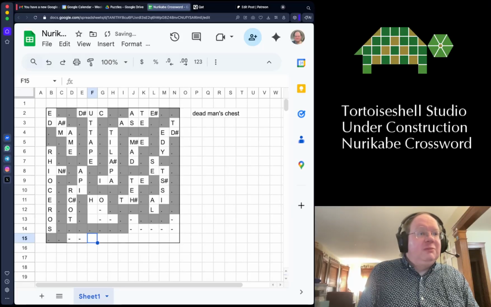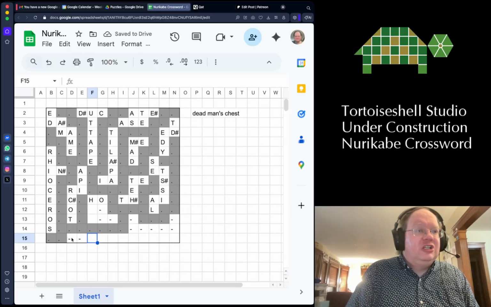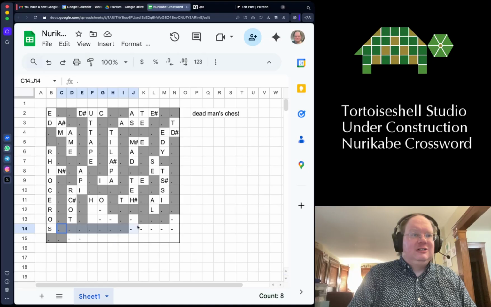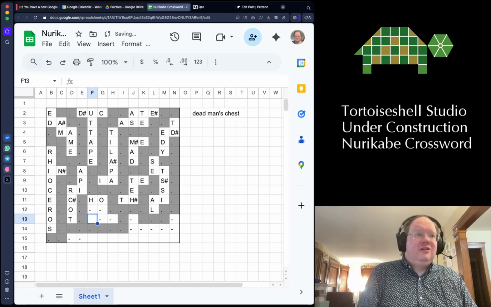Now what's going to be super interesting here is whether I can figure out how to fit this in. Oh, we need a path to get through here. So therefore, this has to go like that.